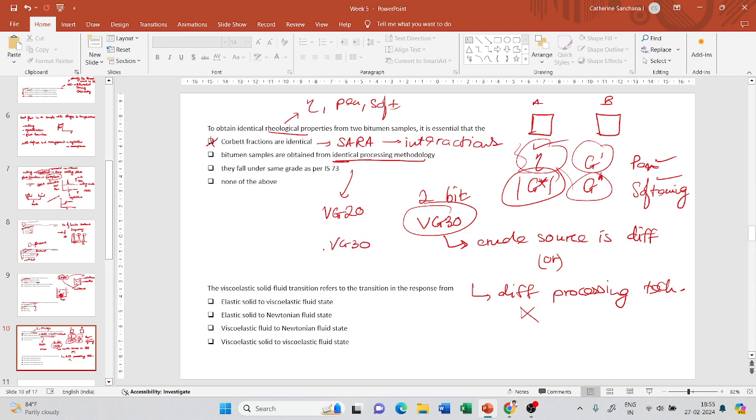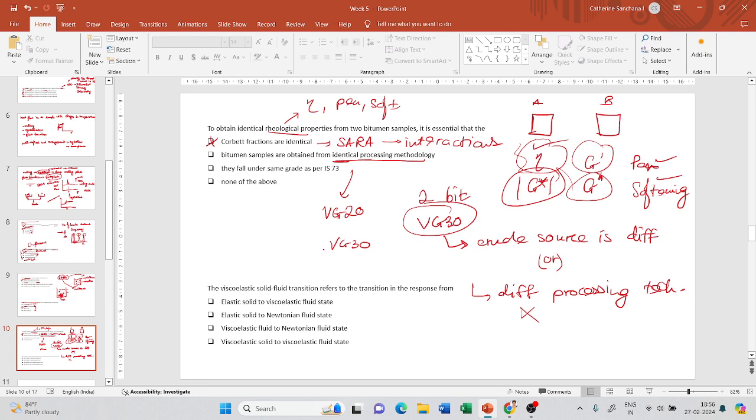By processing technology, I meant only the methodology, be it air blown or blended. Even if they've used the same recipe, these bitumen samples could have been from different crude sources, which means they need not have identical rheological properties. Even if they have identical processing methodology, they haven't told you what their crude source is.